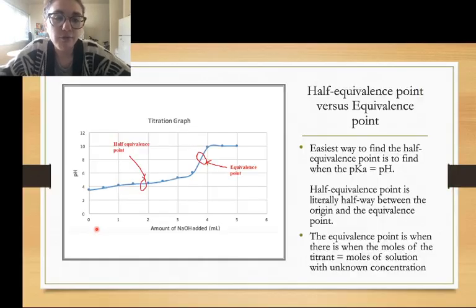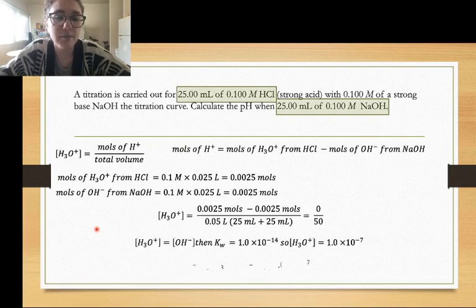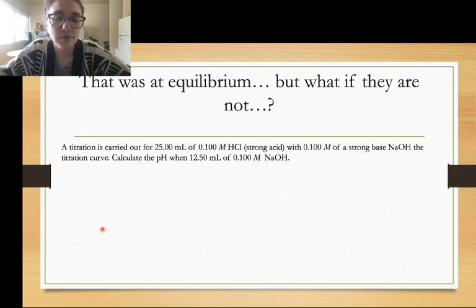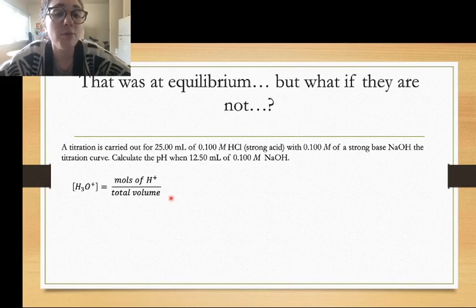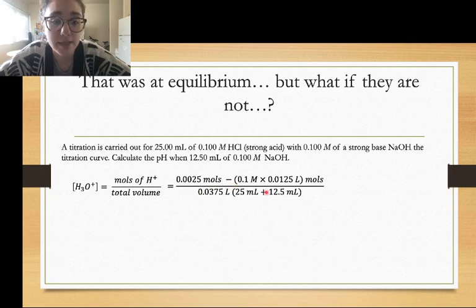So then if I go forward, I'm going to do the same sort of calculation, but I need to keep in mind that I have 12.5 mL of strong base. So I have my molarity times the liters, but of 12.5, and my total volume has also changed.